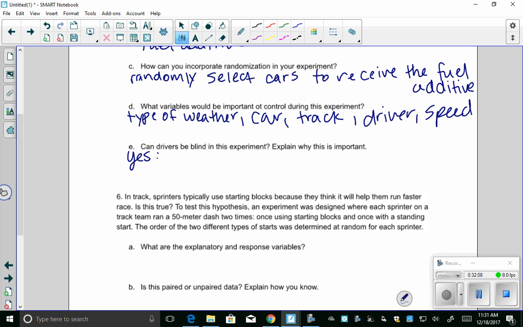Okay, well then I made a mistake. The drivers can be blind because do they have to be the people to put the fuel in their car? No. So they can be blind. If you tell me that they cannot be blind because they need to see to drive, get with the program. So yes, they can be blind.